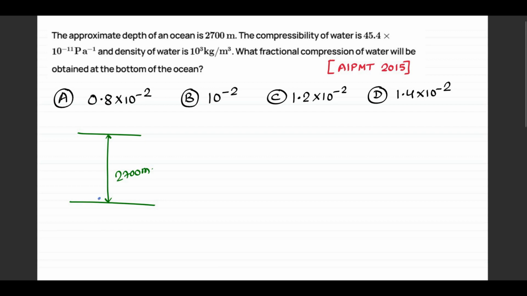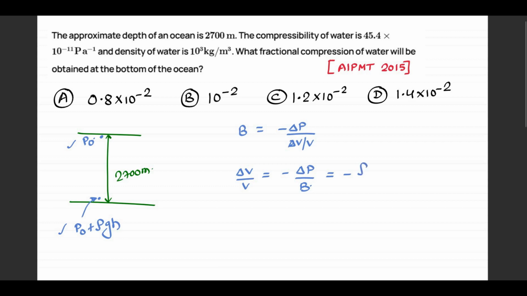So at the bottom of the ocean, your pressure will be, while at the top the pressure is going to be P0. Now if I define bulk modulus, it will be like this. So change in pressure, obviously if you can see these 2 points, change in pressure is rho gh. So I can say delta V by V.